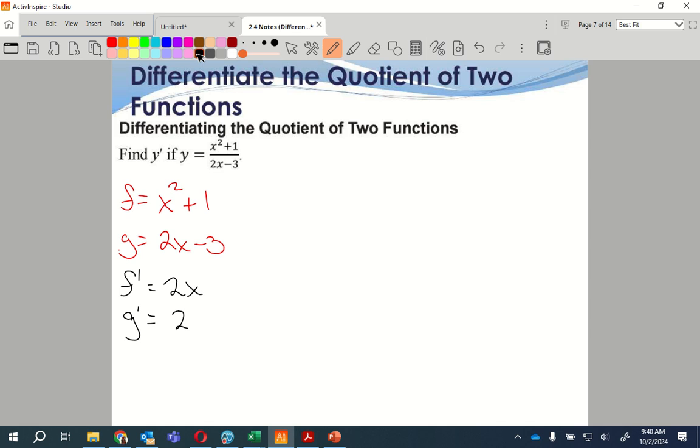Yes, no, maybe? So I'm going to go through the order, which is f prime g minus g prime f over g squared.